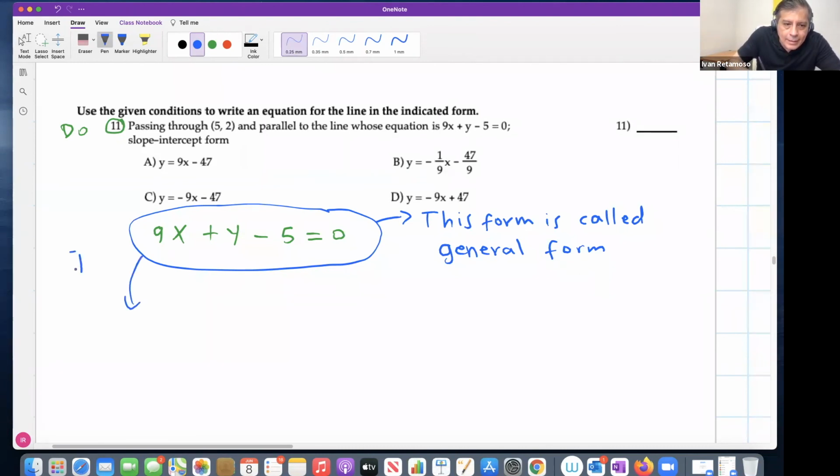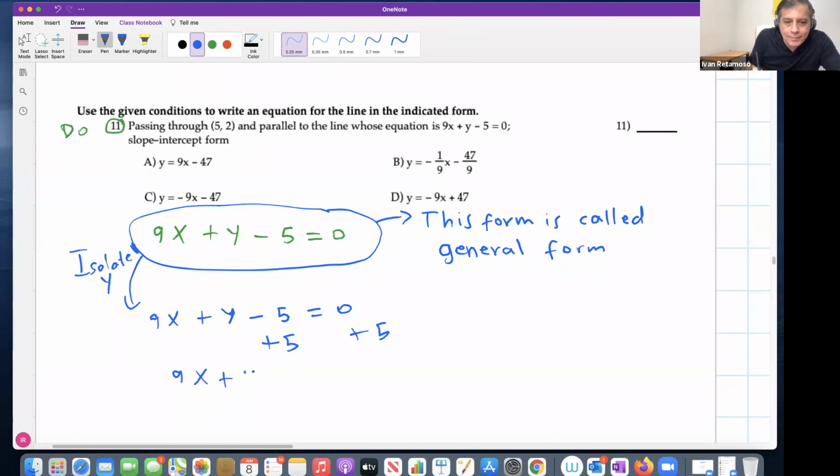Isolate y. Why isolate y, Professor? Well, because if you isolate y, then you will get the form that you want, the slope intercept form. So bring this number 5 to the other side, changing the sign, or simply add 5 to both sides.